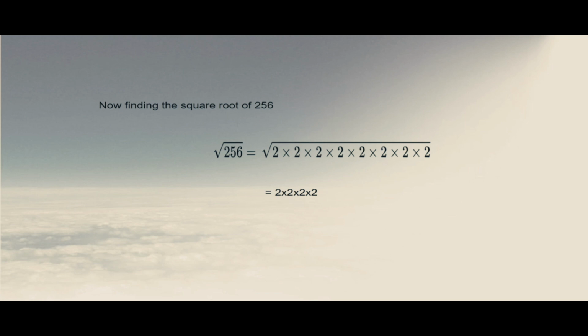We get 2 multiplied by 2, multiplied by 2 and multiplied by 2. Now, we need to multiply all these. We get 16 as our answer. Means the square root of 256 is 16. And the smallest number by which we need to divide the number is 3.